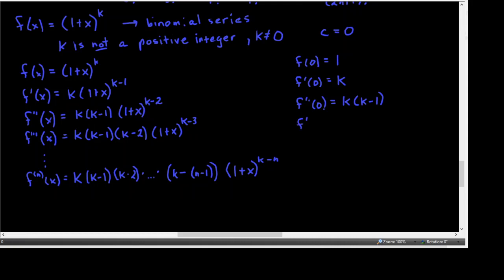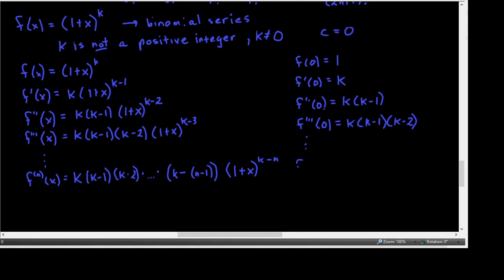And the third derivative evaluated at 0 will be k times k minus 1 times k minus 2 times 1. Make that look more like a 2.